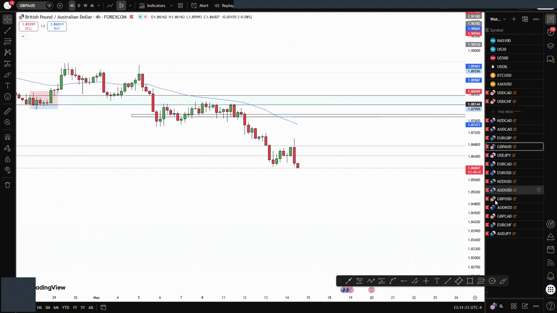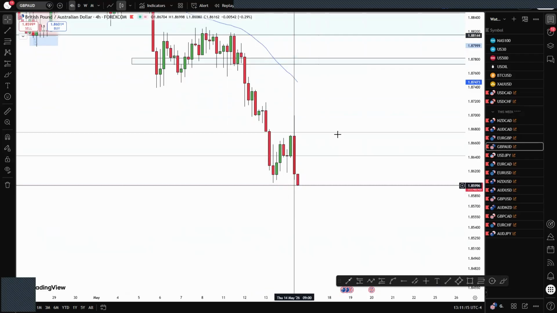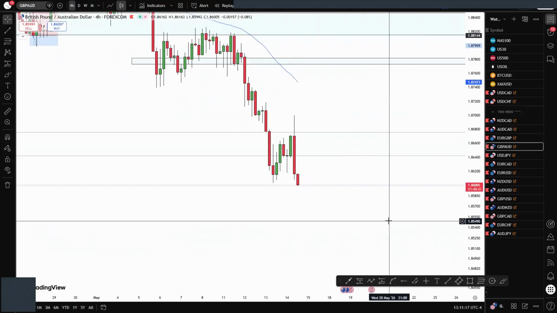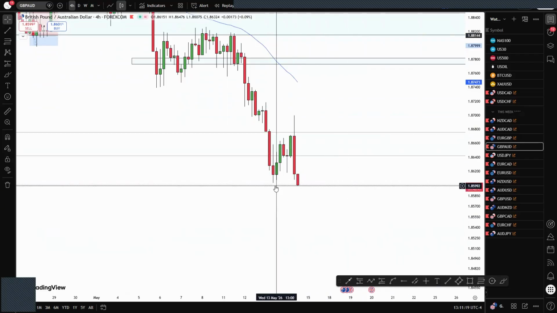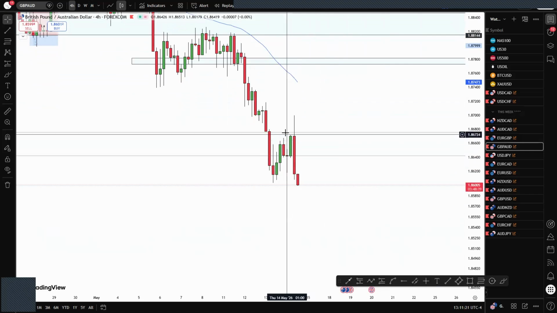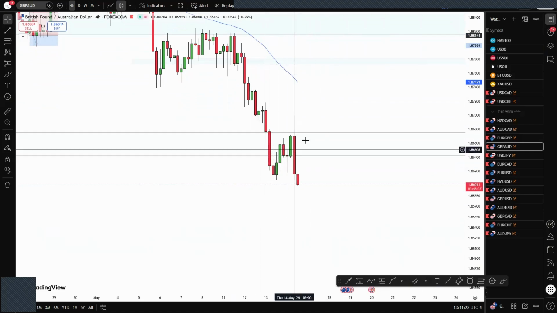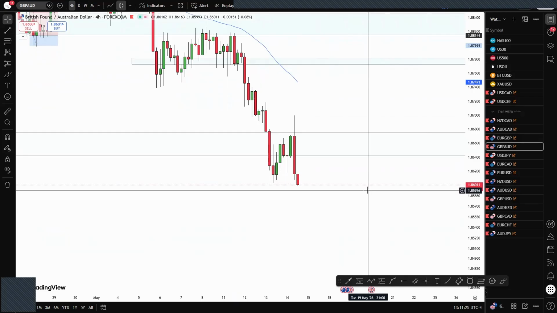Then price is just likely to have that retest and sell more. Like you can see on the 4 hour time frame, it broke below, retested the level and engulfed, so it might sell more, but it's no longer part of my pairs for this week.